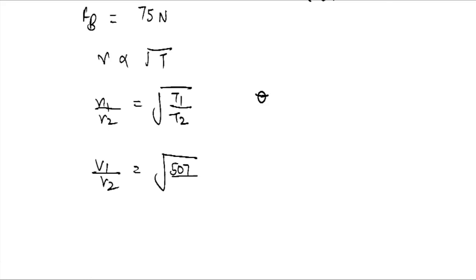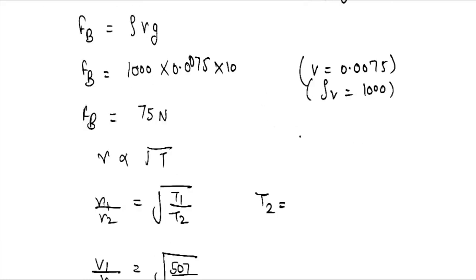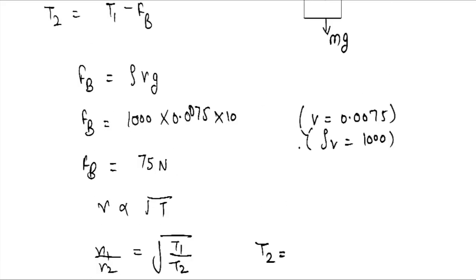Tension 2 is equal to T1, that is 507, minus FB, that is 75 here. So this will be equal to 432 Newton. So this is our tension 2.